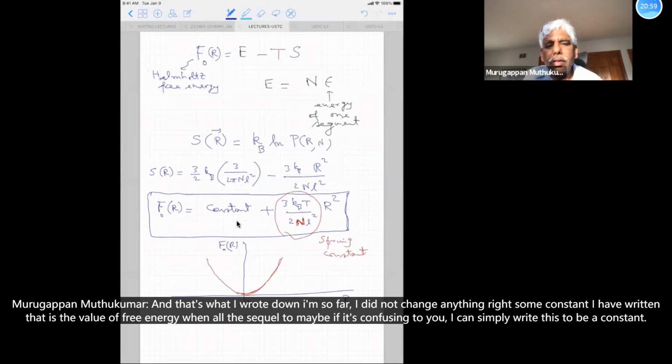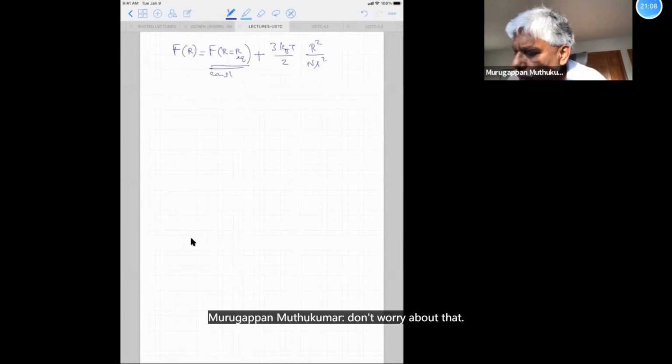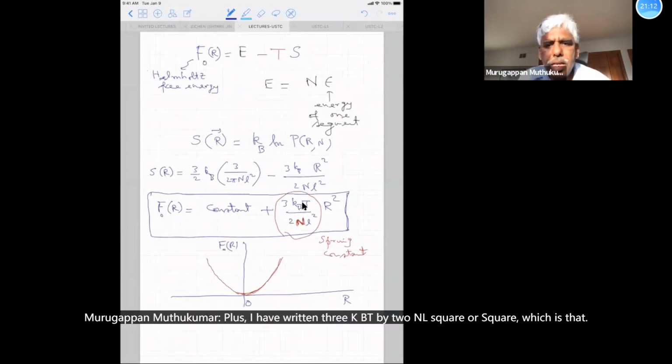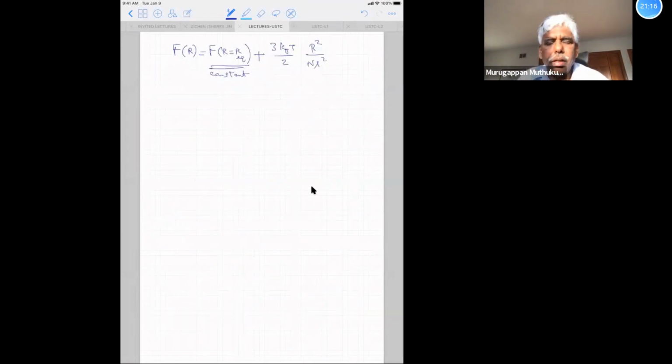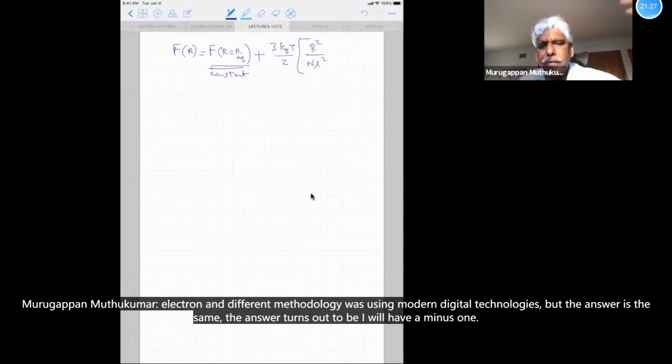Some constant I have written, that is the value of free energy when R is equal to... if it's confusing to you, I can simply write this as a constant. Don't worry about that. Plus, I have written 3 kBT by 2 NL square R square, which is that term. But the additional term, which you get with proper calculations, was done by Flory a long time back, and I did it myself later in a different methodology using modern theoretical techniques.